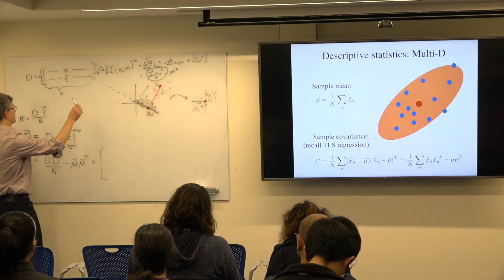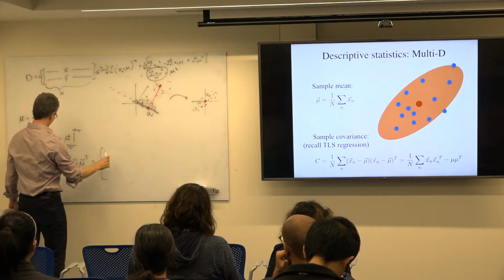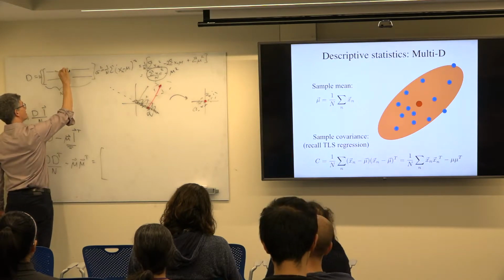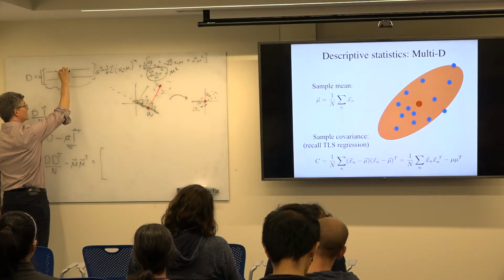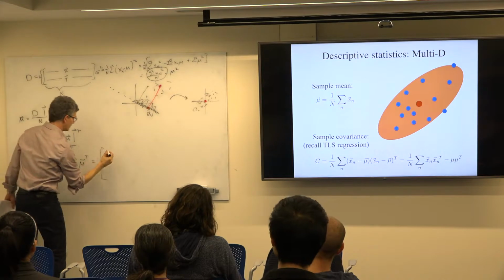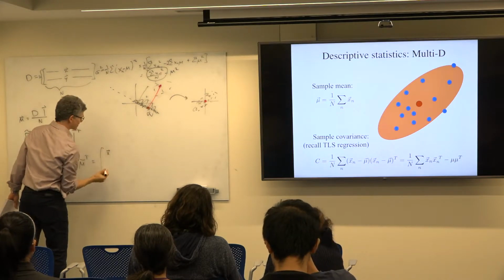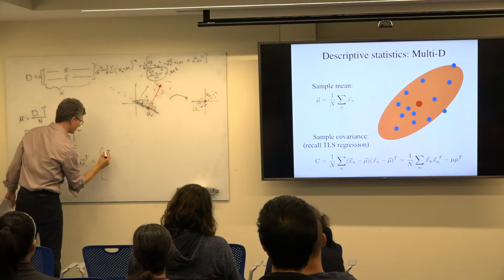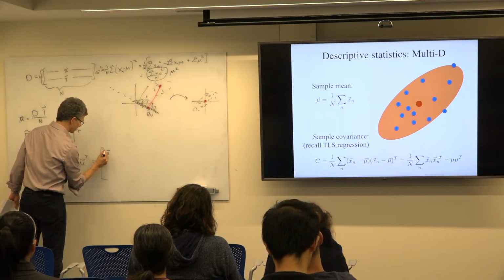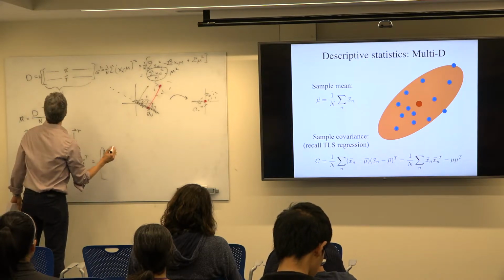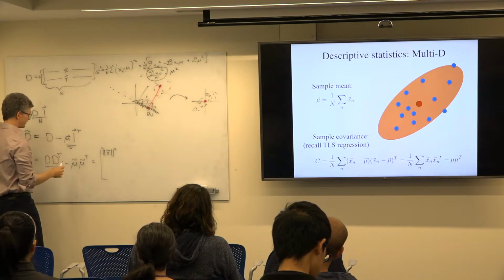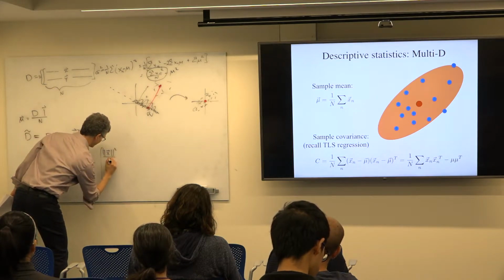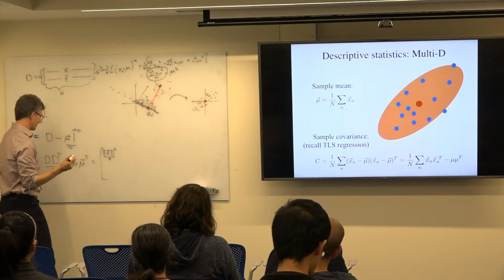What goes in the upper left-hand corner is this vector dot product with itself. So take the x vector, that's an n-length vector, and dot product with itself, that's just the squared length. I have to divide by n. I always have to divide by n.